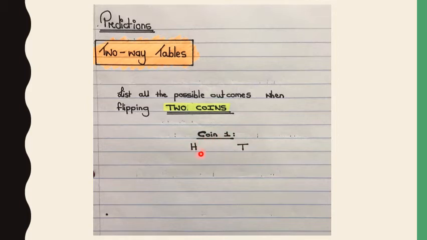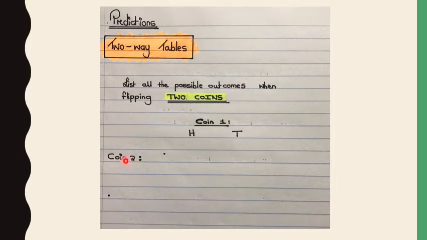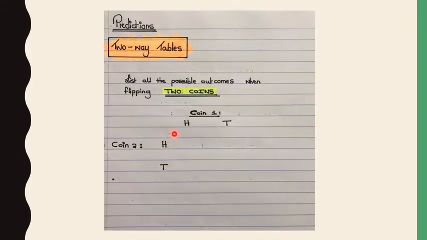So you're going to list them at the bottom here. When you toss a coin, it can either land on heads or tails. Next to that, on the left-hand side, you're going to write the second thing happening, coin number 2. The possible outcomes for coin number 2 can also be a heads or a tail.